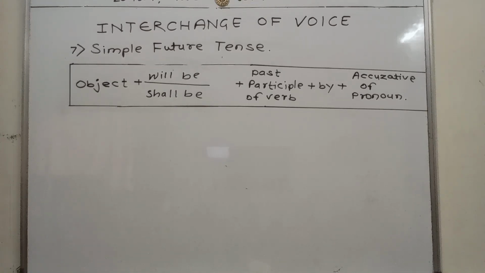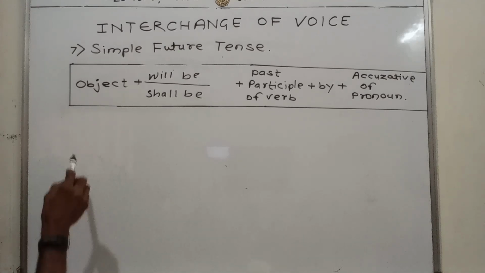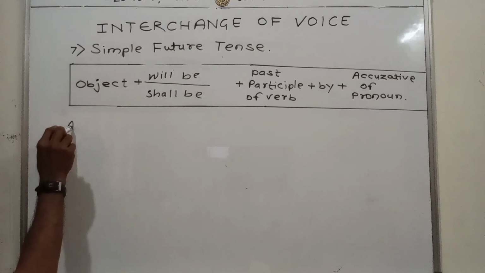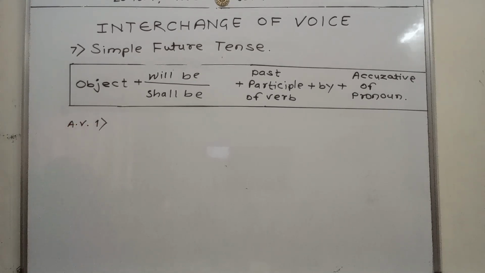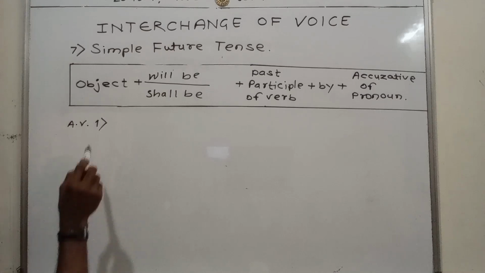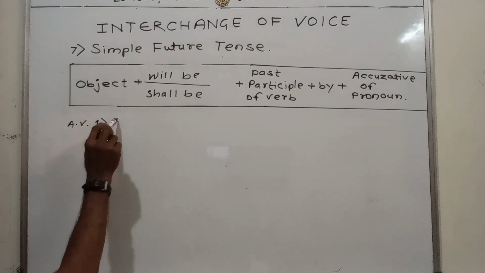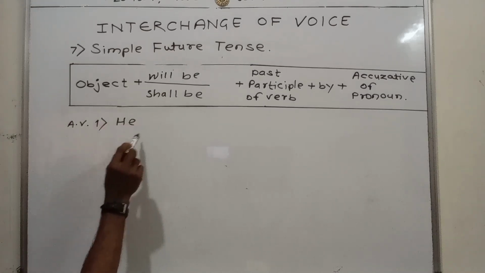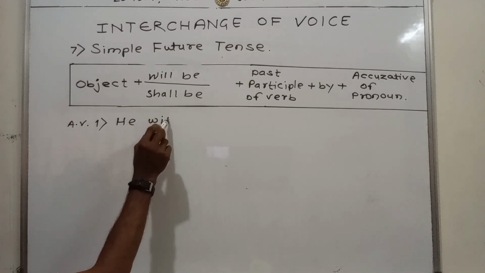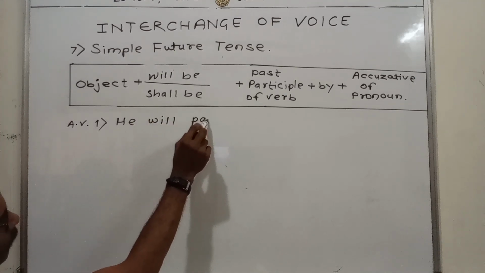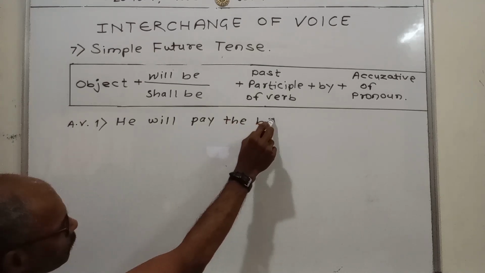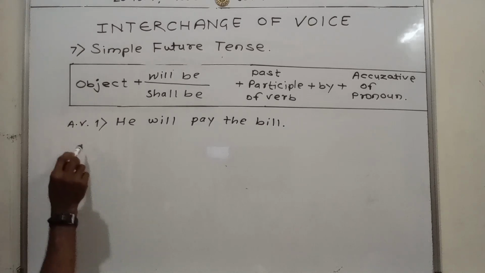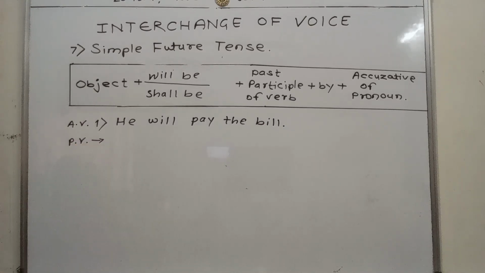For example, first we take an active voice example: He will pay the bill. Simple sentence. Then passive voice of this.